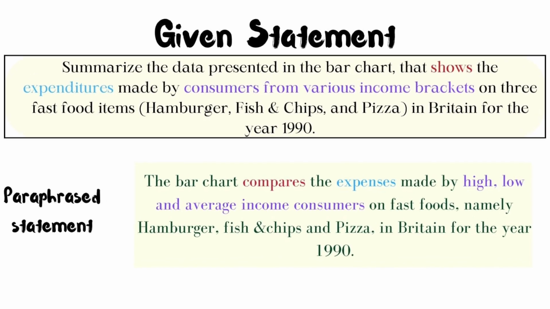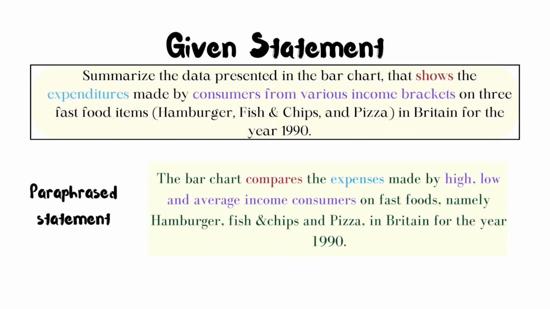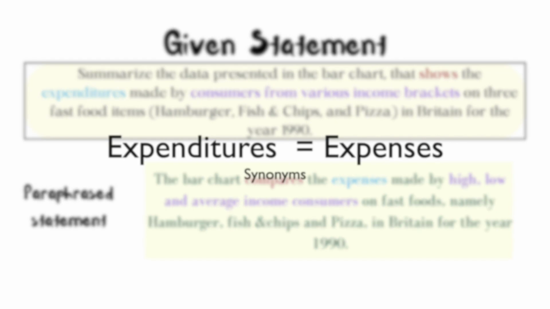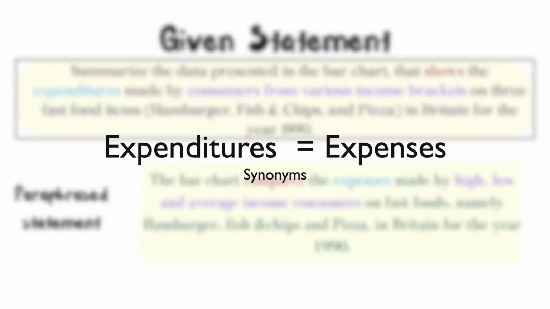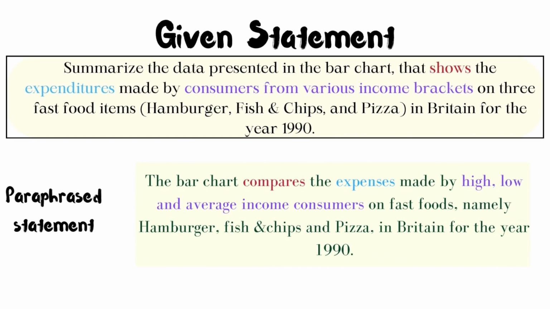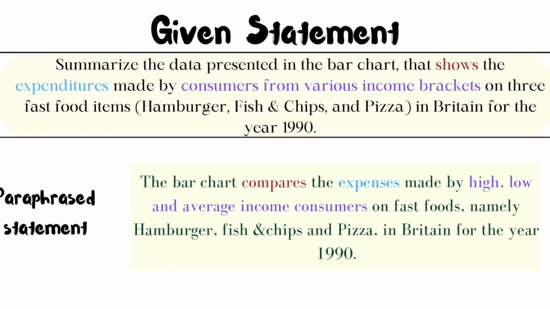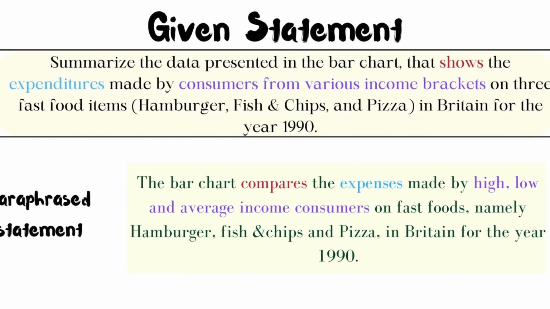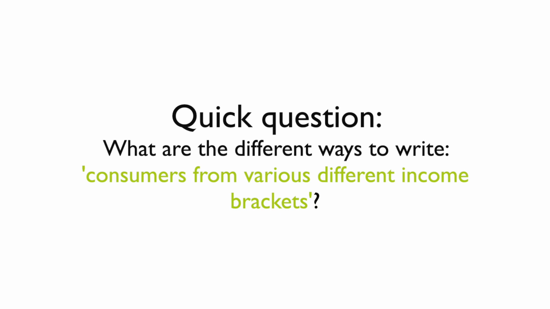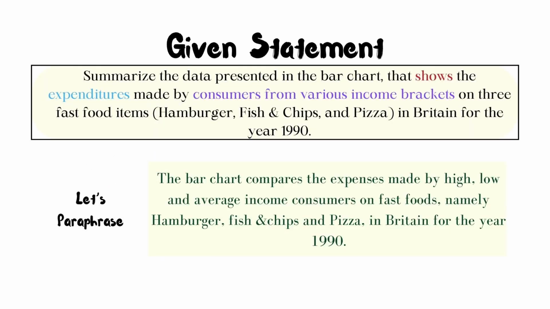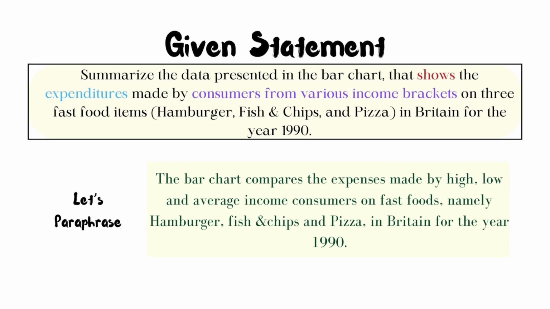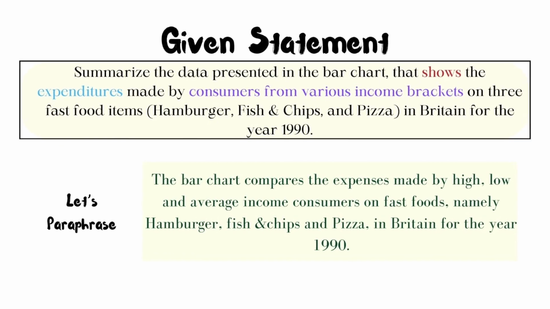Now we are going to add some synonyms. So here from the statement, when we look at expenditures, we can use expenses. Further, when we read consumers from various income brackets, we can say expenses made by high, low, and average income consumers.